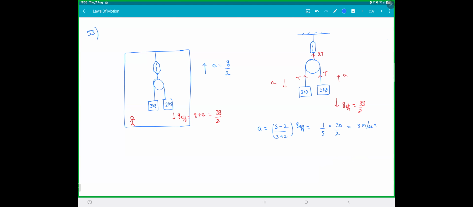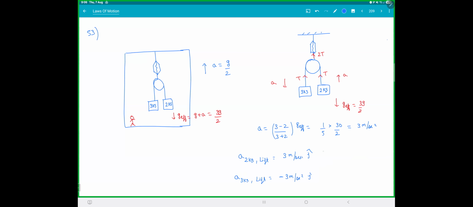Now be careful. This is the acceleration with respect to the lift. So acceleration of 2 kg with respect to the lift is 3 meter per second square upward. Acceleration of 3 kg with respect to the lift is minus 3 meters per second square j cap.